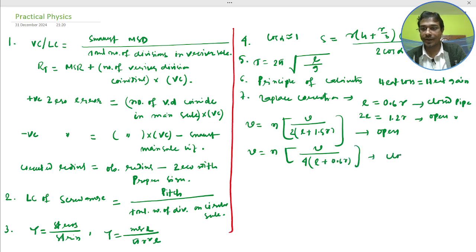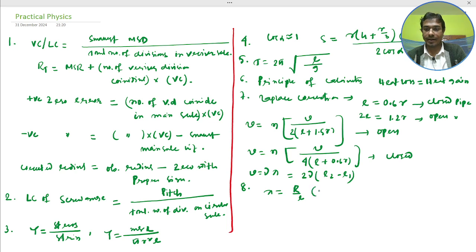This would be for the closed pipe. Next, if nu is the frequency of the tuning fork, then v equals nu lambda, that is twice nu into (L2 minus L1).